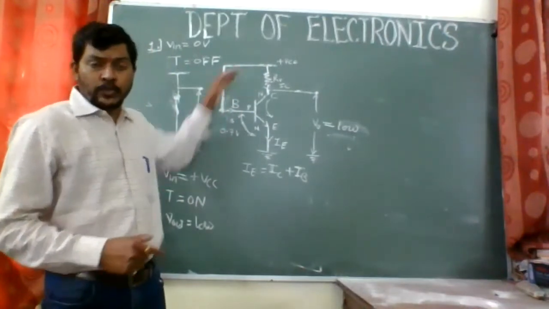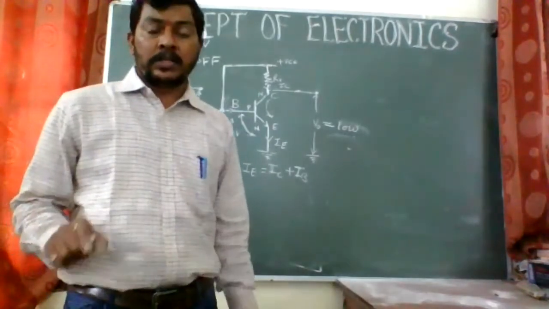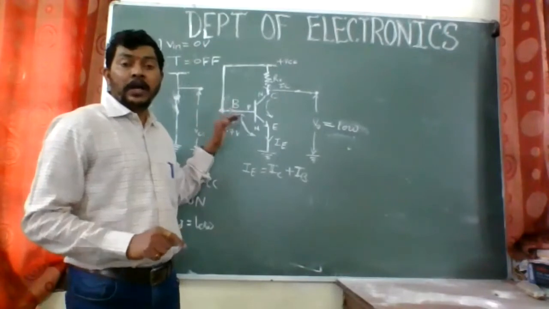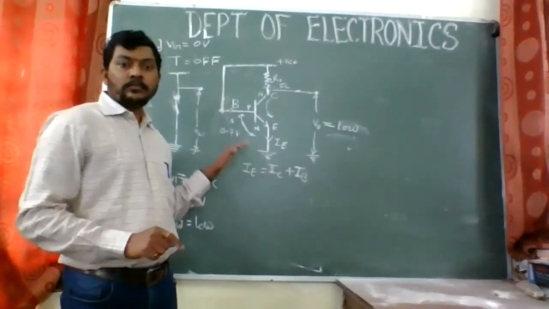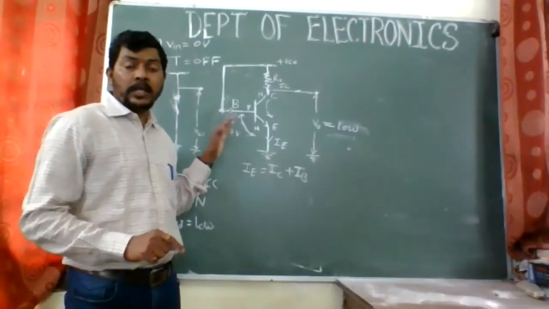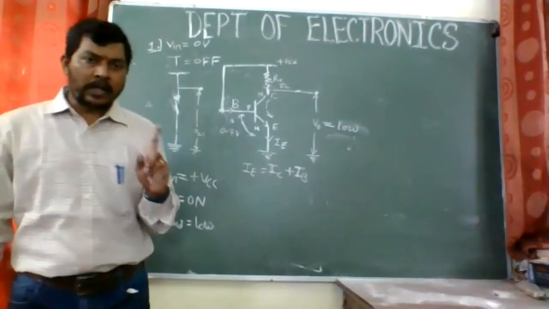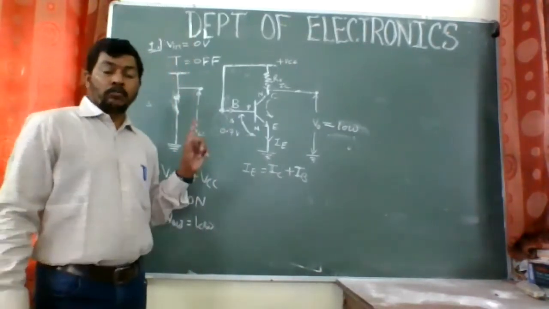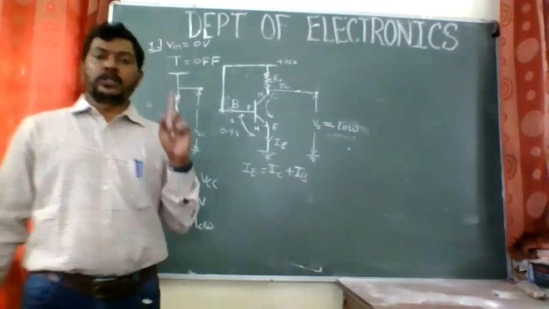With these two situations, the transistor can work totally in that particular region, and therefore the basic concept of transistor working is to be understood through this transistor as a switch circuit only. So remember this, whenever the base of the transistor is more than 0.7 volts, the transistor conducts, but the output voltage is low.